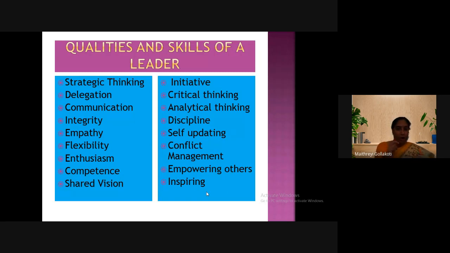Now, thinking, all of us think day in and day out, from morning till evening, we keep thinking. But how many of us think strategically? Now, what is strategic thinking? Strategic thinking means thinking on how to fulfill a goal, thinking about how we can reach the target, thinking about what are the steps that we should take to reach the target.